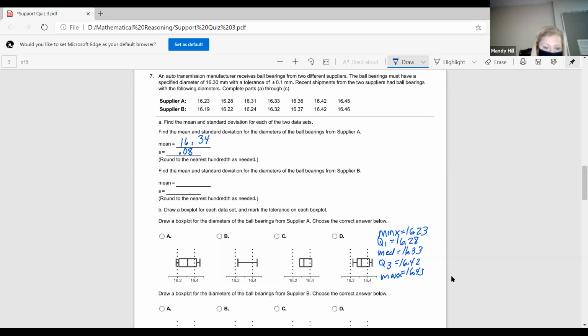So the ends, the little whisker parts, it's kind of easiest to see on this one over here maybe, but the whisker parts are your minimum and your maximum, the parts that stick out. So this needs to be 16.23 and this needs to be 16.45. And I'm looking at this and it looks like it's smaller than 16.2, right? So it's not 16.23 on A. That can't be it, okay?